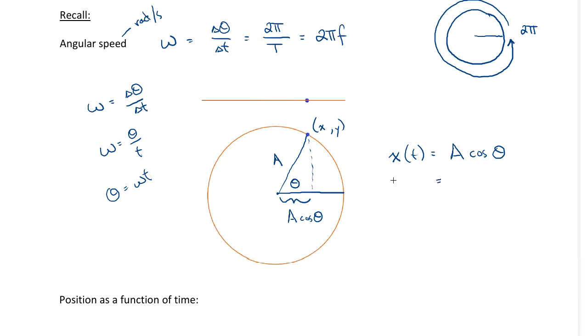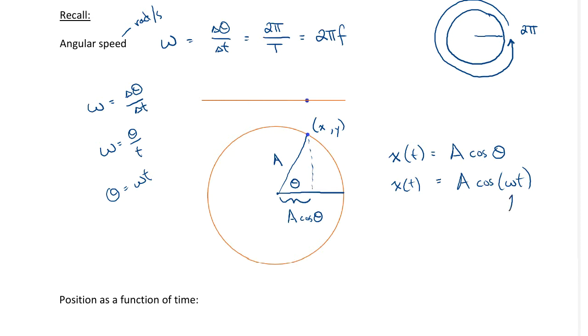And so x as a function of time is equal to a times cos of the angular speed times the time. And so now we have a relationship between the angular speed of this object going around the reference circle and the projection on the side view, which is tracing out simple harmonic motion.